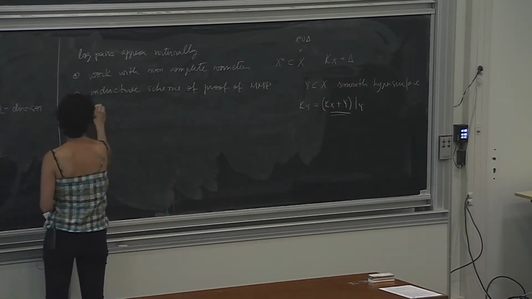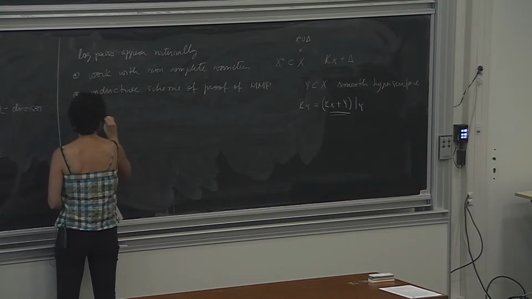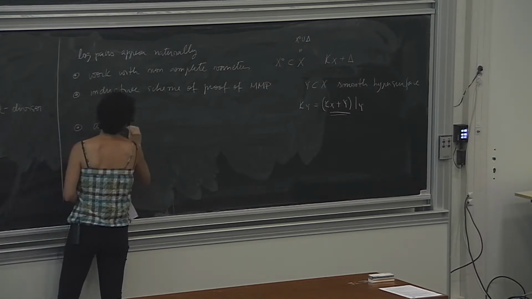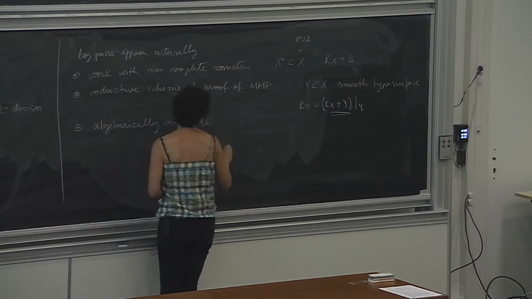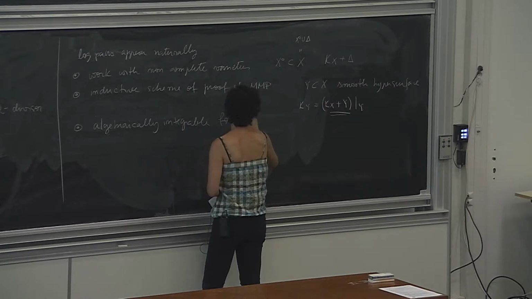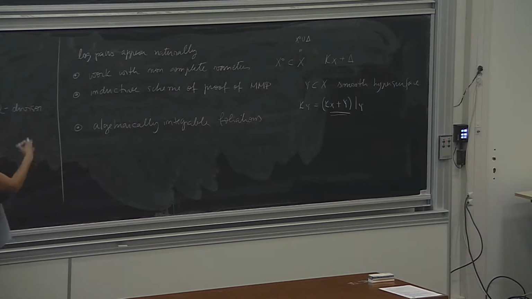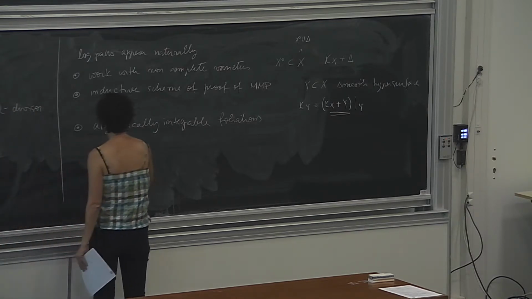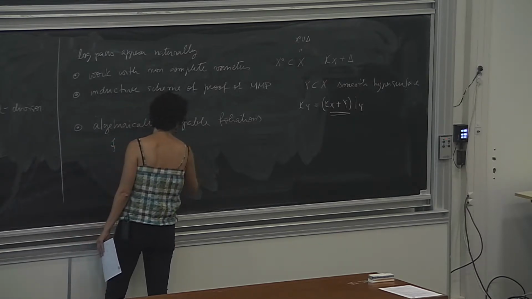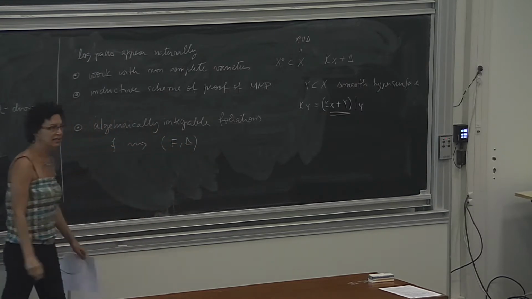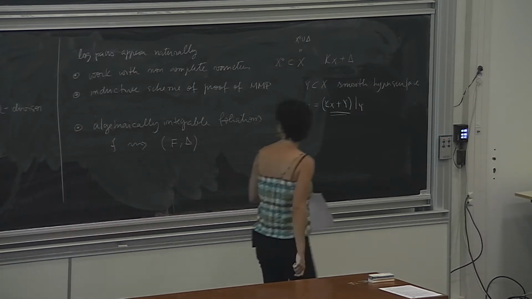There are many instances where it occurs, and what we will see next is that when you study algebraically integrable foliations, we naturally get a log pair associated to F. So whenever you have an algebraically integrable foliation, we can associate a pair (F, delta) that I will define in a few minutes.